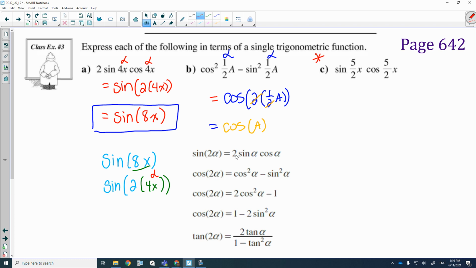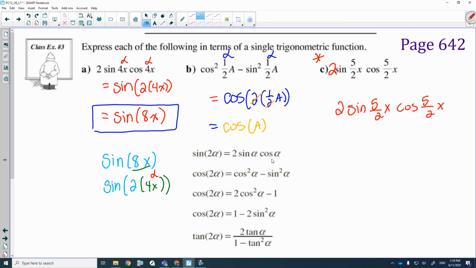In order to make it a true identity, I need to have a 2 in front of this. So I'm going to put this 2 there because I want it to match this form. So let's write that: 2 sine of 5 over 2x cos of 5 over 2x. Now it matches this form.